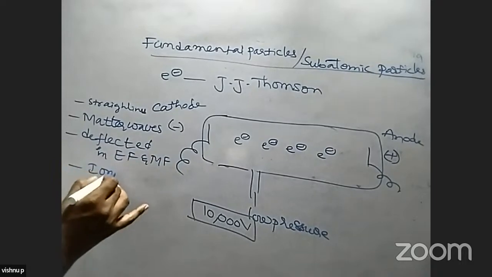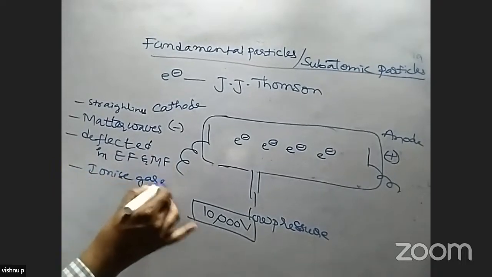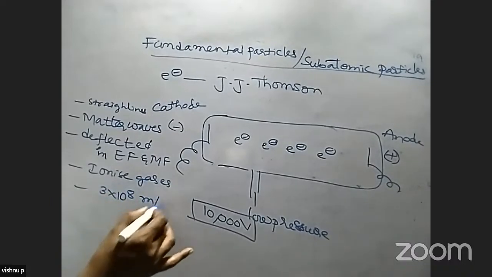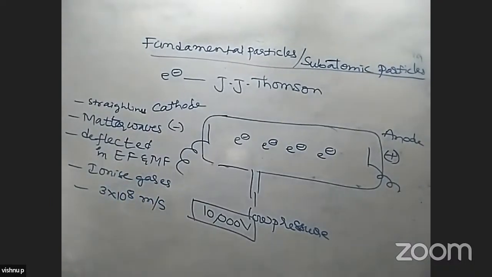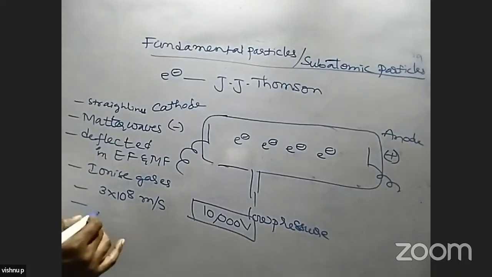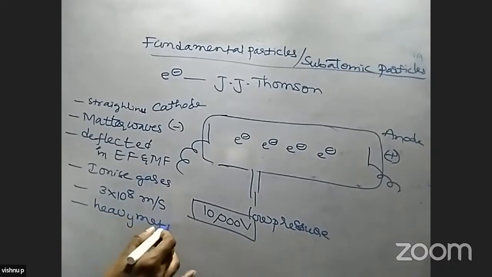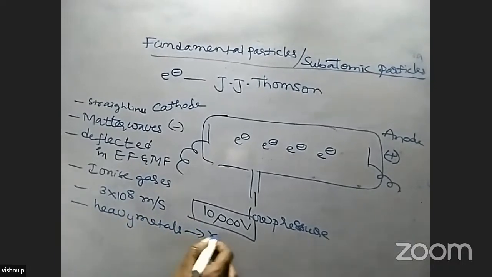Cathode rays can ionize gases, and their velocity is equal to the velocity of light, 3 × 10^8 meters per second. When cathode rays strike heavy metals, what type of rays are generated?